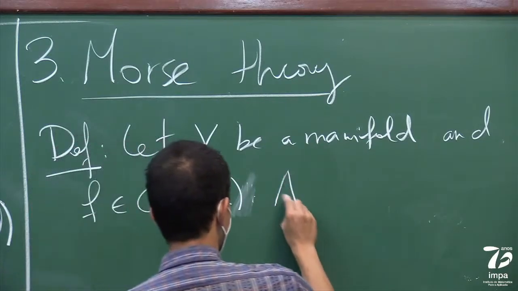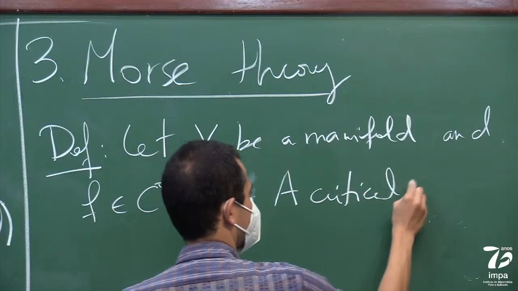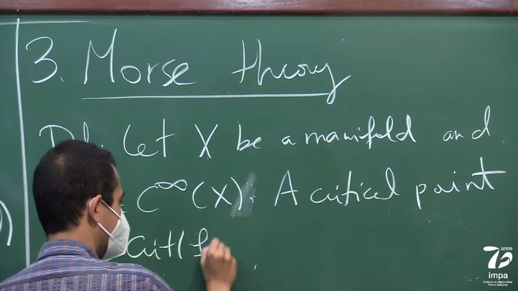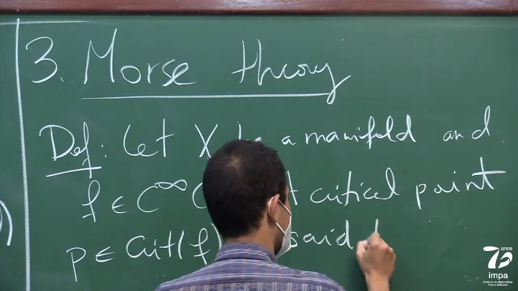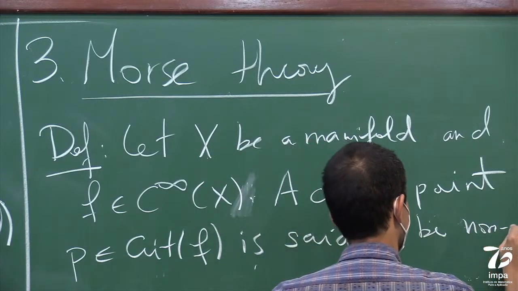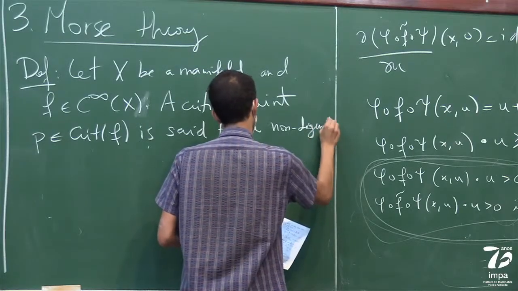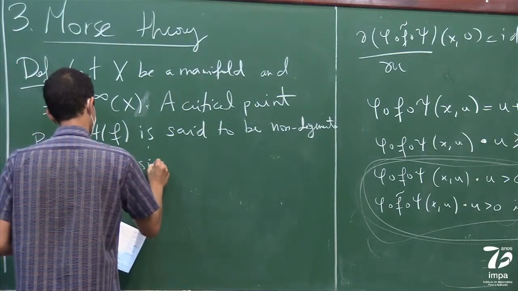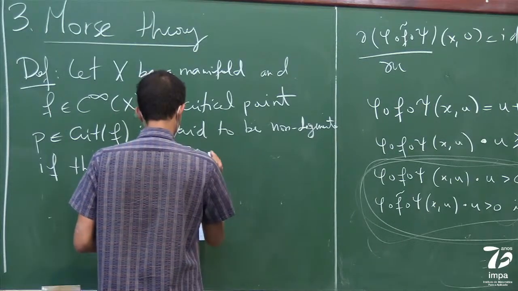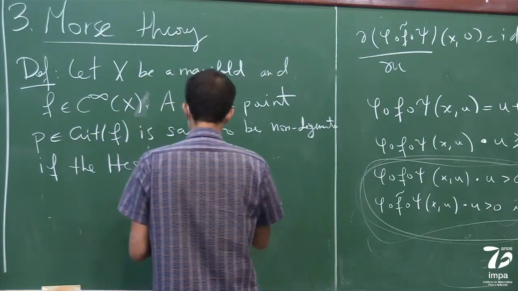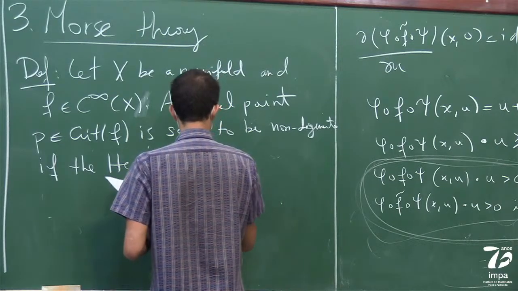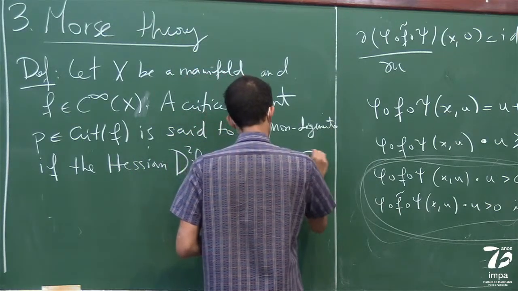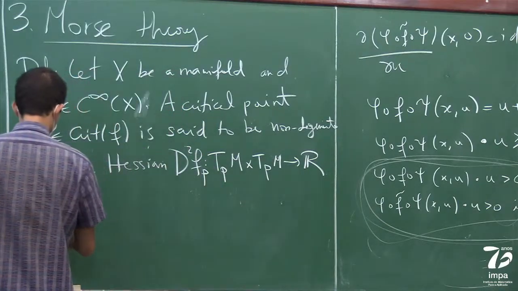A critical point is said to be non-degenerate if the Hessian, which you can think of as being a bilinear symmetric form, is non-degenerate.